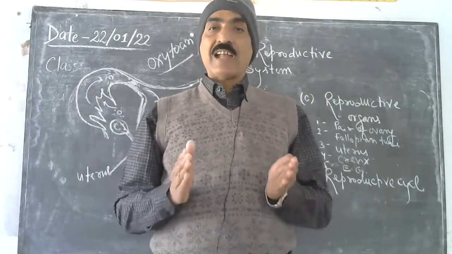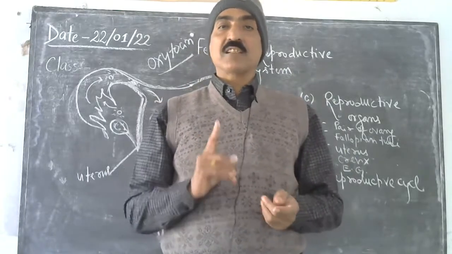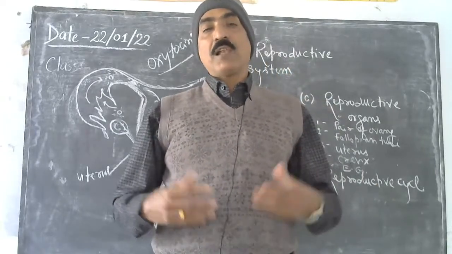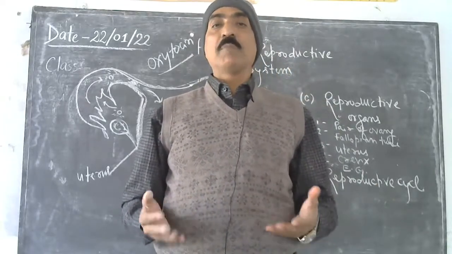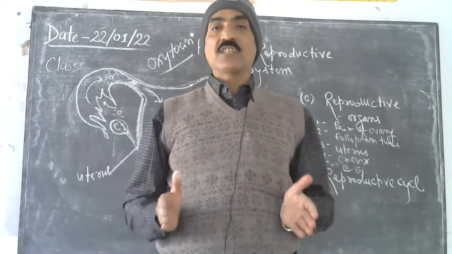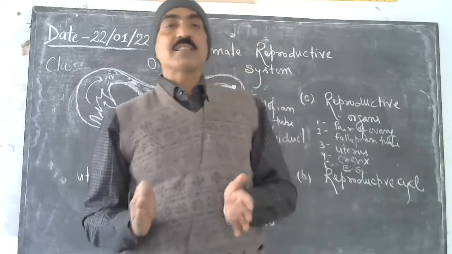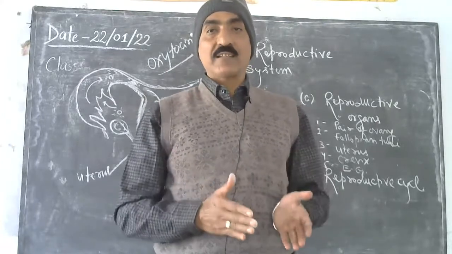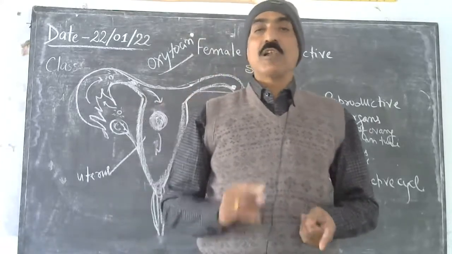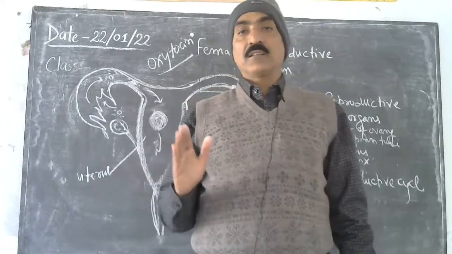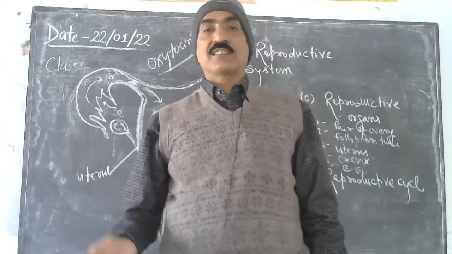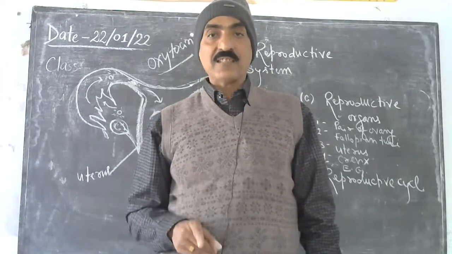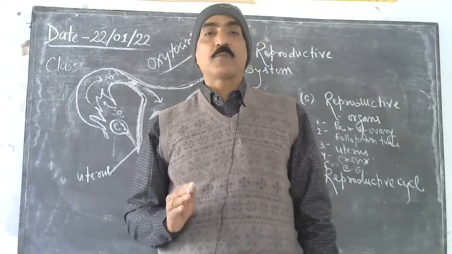The period in which the female gamete or ovum is released, and the menstrual cycle starts. So the start of menstruation in the female is called menarche. That starts with the pubertal stage and it ends at the age of about 45 to 50 years.